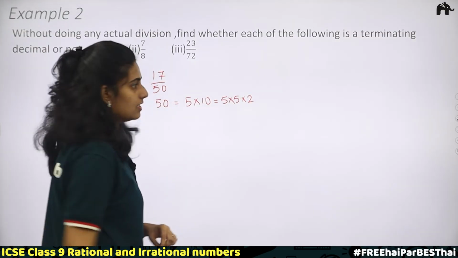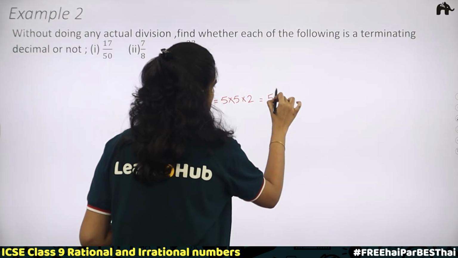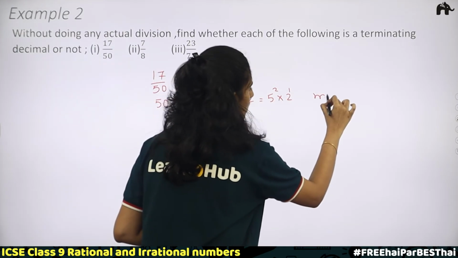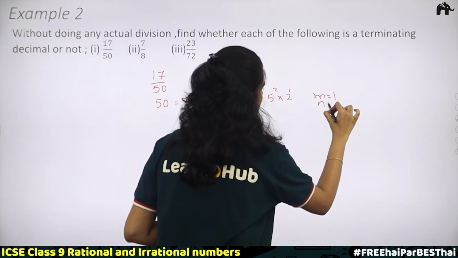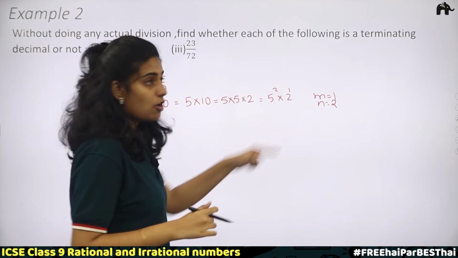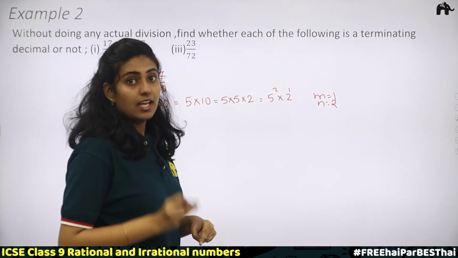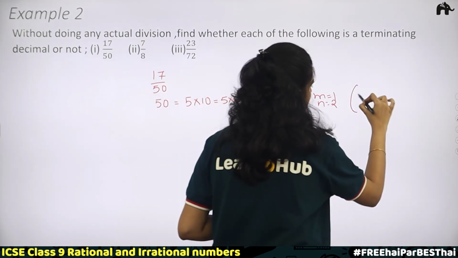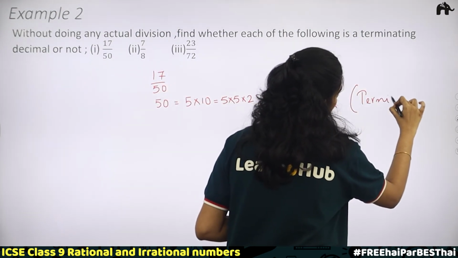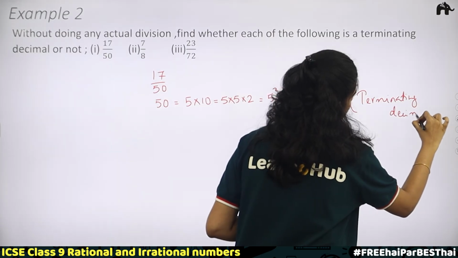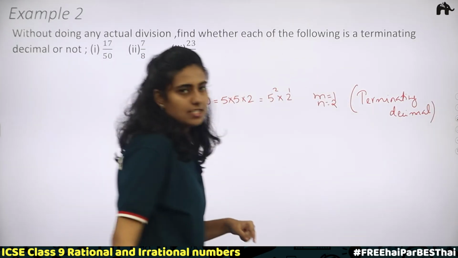This can be written as 5 square into 2 raised to 1. Here m is equal to 1 and n is equal to 2. Both of these are whole numbers. It can be written in the form 2 raised to m into 5 raised to n. Therefore, this is a terminating decimal.